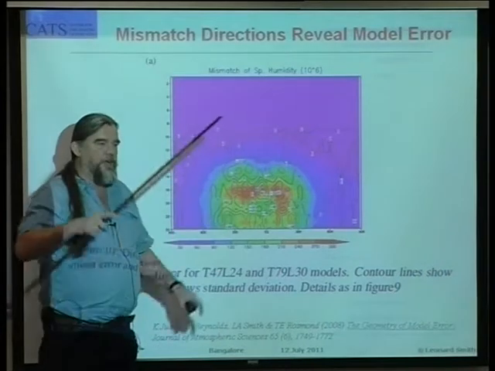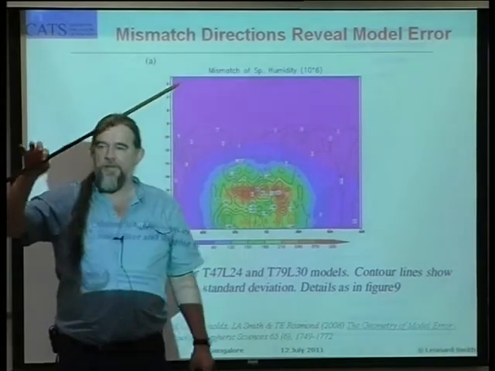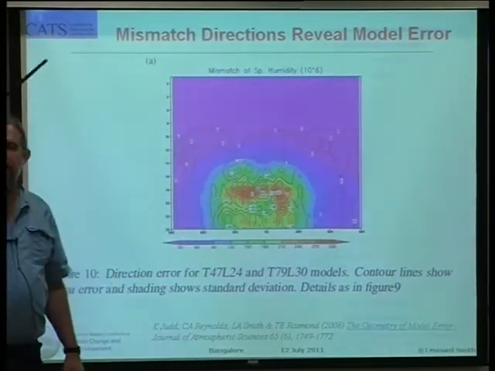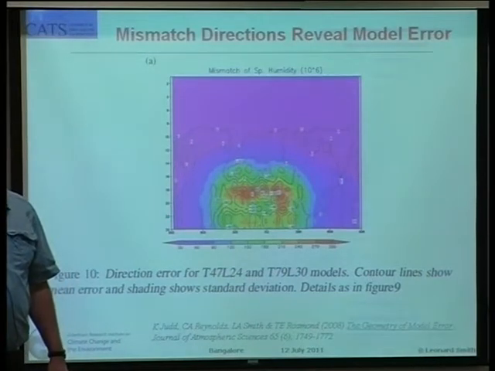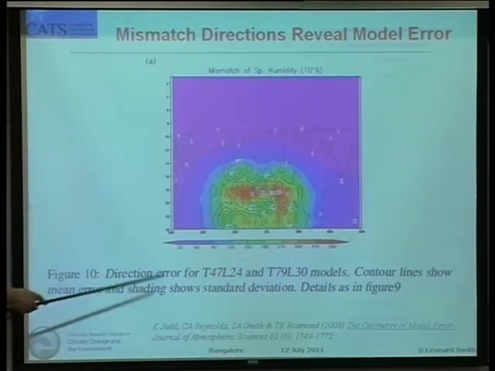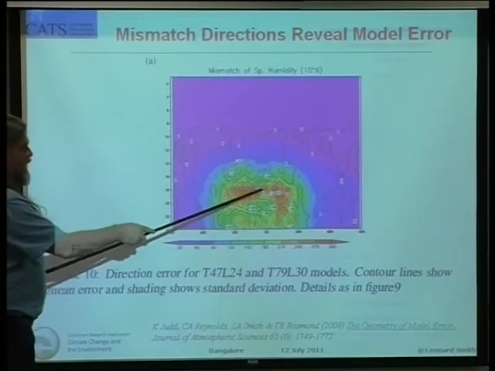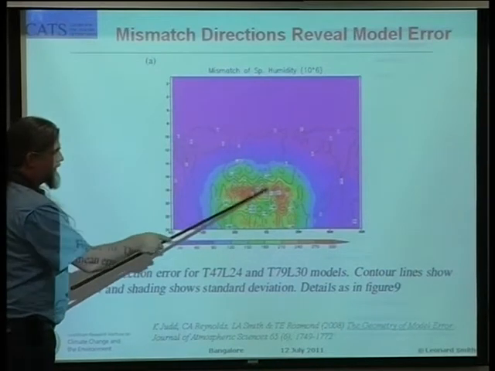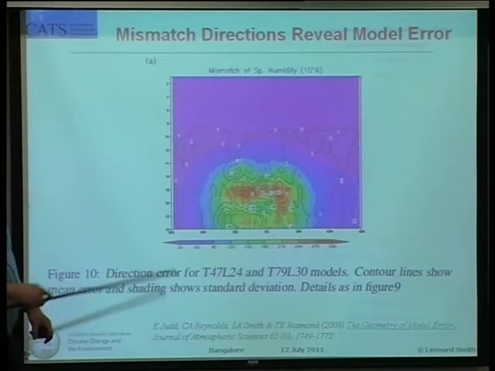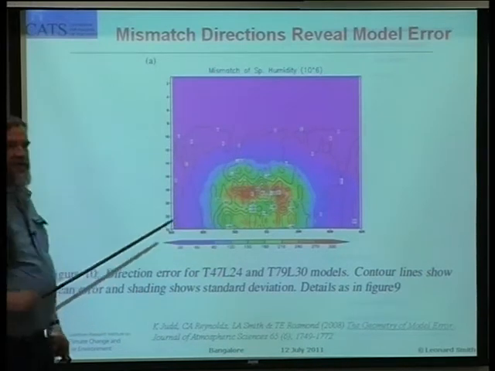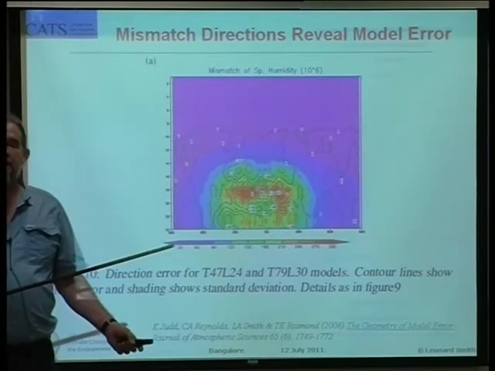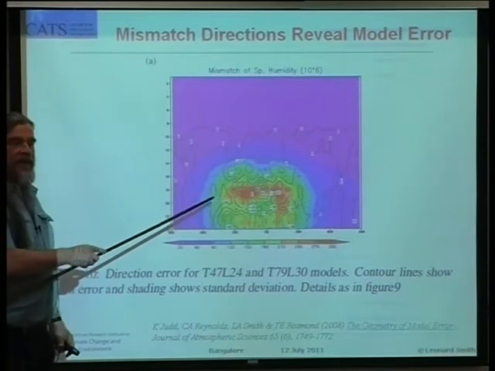This is a picture of an average of perturbations that needed to be made to specific humidity. The idea, I'm told, is that they know No Gaps has some difficulty with its convection scheme in this region. But we didn't know that. The point is this comes out of the analysis.